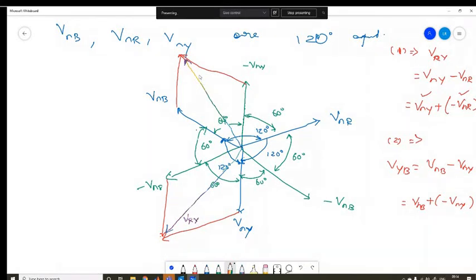So this is VYB. In the same way, you know that your third equation was VBR is equal to VNR plus VNB. Sorry, VNR minus VNB. In the same way, you can also obtain the VBR.